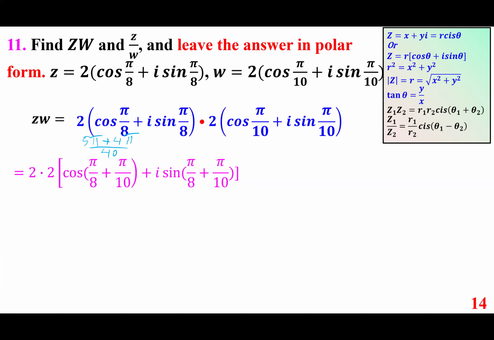So we get 9 pi over 40, and of course this is 4.